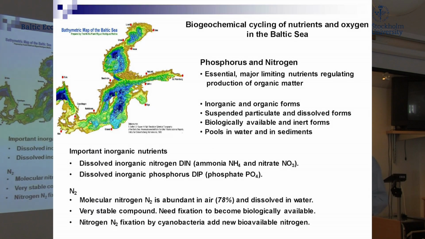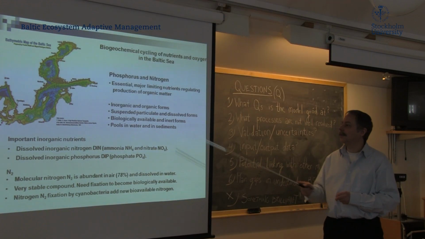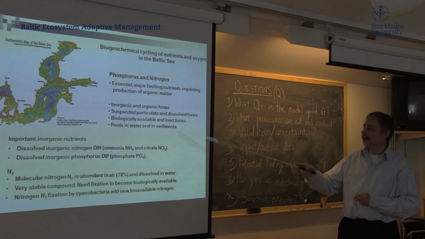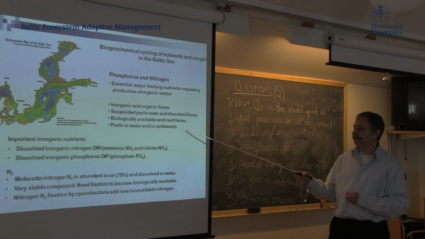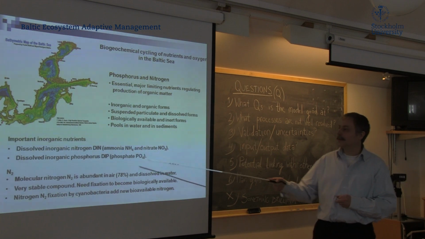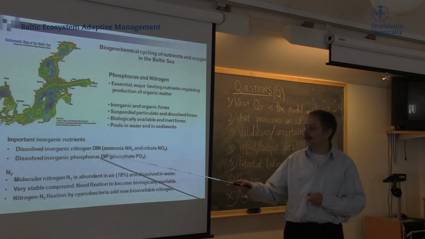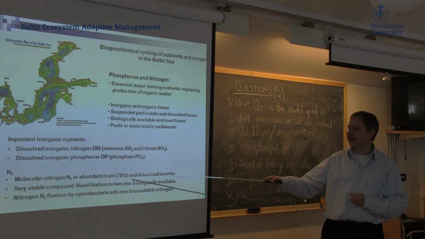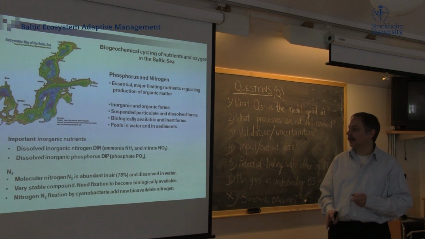Phosphorus and nitrogen, in the Baltic Sea limiting nutrients, are important to describe in inorganic and organic forms, and suspended, particulate and dissolved forms, bioavailable and inert forms, and pools in the water and in the sediments. So the important inorganic nutrients are DIN, dissolved inorganic nitrogen, and DIP, dissolved inorganic phosphorus: ammonia, nitrate, phosphate.